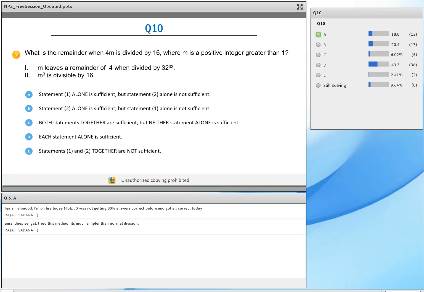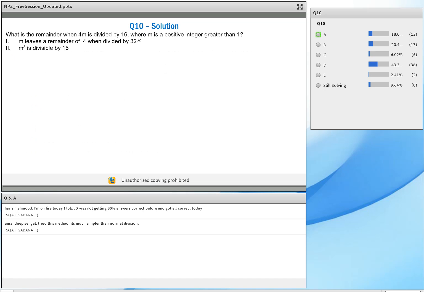So the question asks, what's the remainder when 4m is divided by 16, where m is a positive integer greater than 1? Essentially, you have to figure out the remainder of 4m by 16.